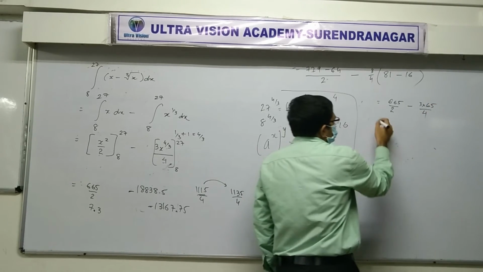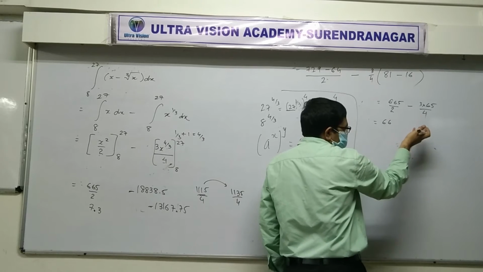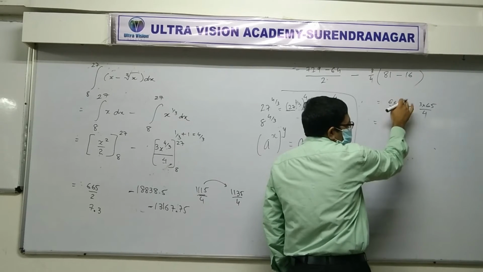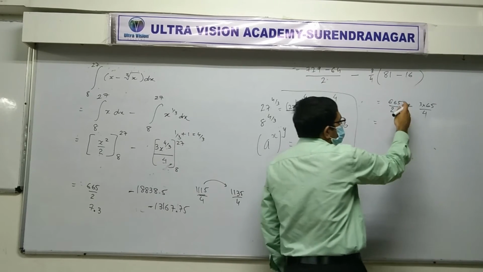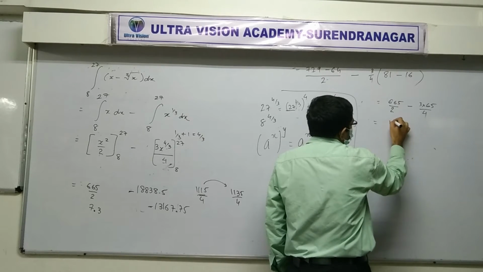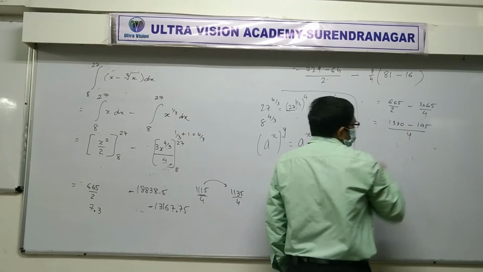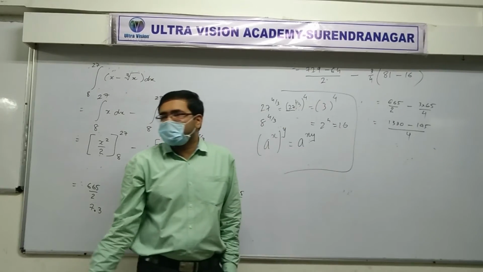I'll take the LCM as well. LCM of 2 and 4 is 4, so you have to double this to make it 4. Minus, this is going to be 195 upon 4. Is that clear?